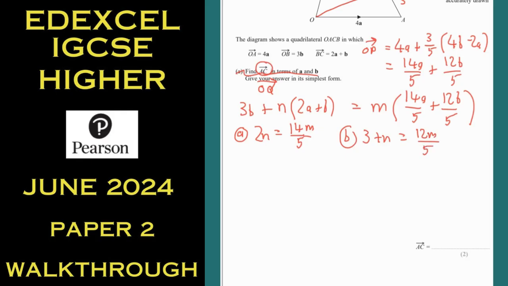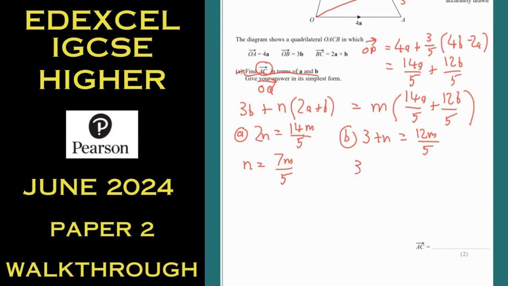So as you can see, you've got some simultaneous equations. Now, however you want to do it, it's entirely up to you. I went with, if I divide both sides by 2 over here, I get that n is 7/5 of m, and I stick it in over here.